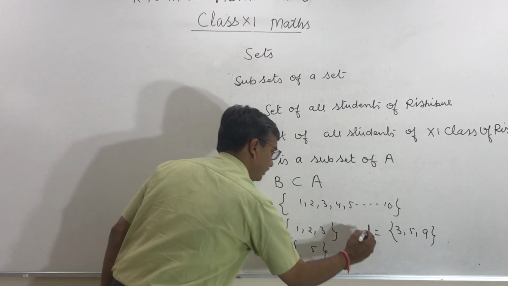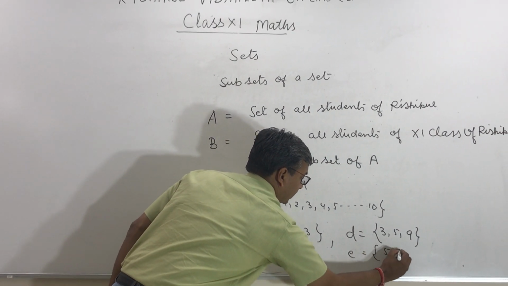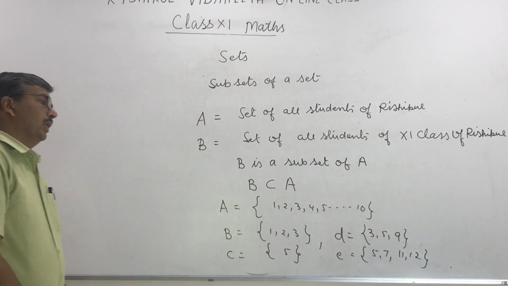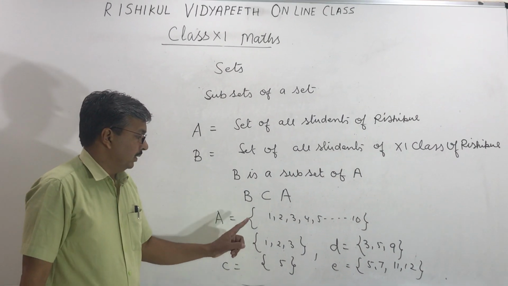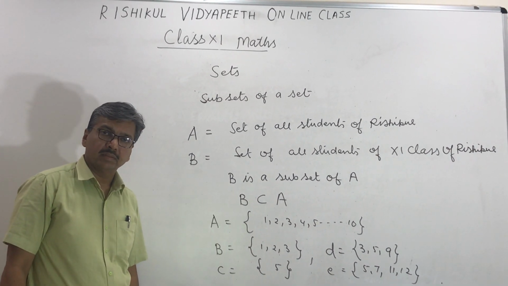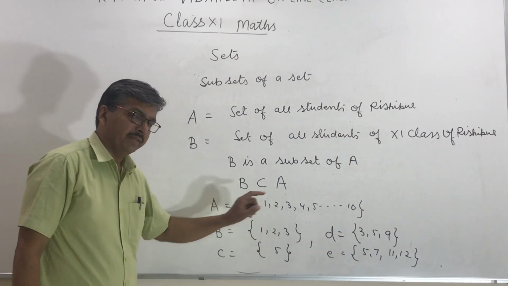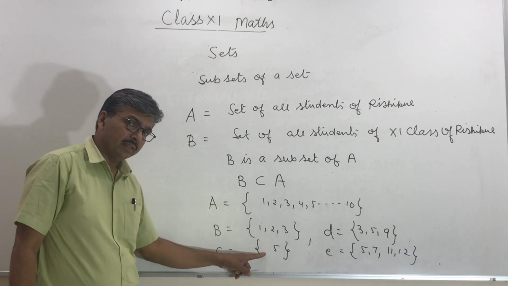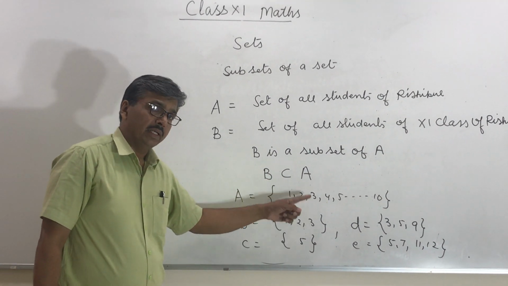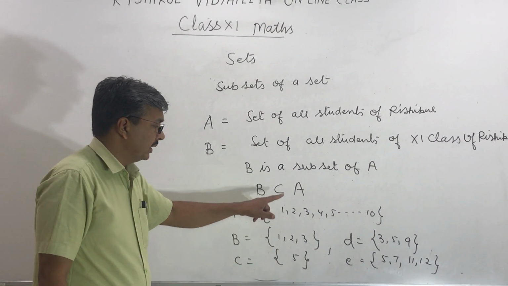And E is the set {5, 7, 11, 12}. Now we will tell whether B is a subset of A. Yes, because all elements of B are in A. What about C? C contains one element 5, and that is in A also. Therefore, C is also a subset of A.